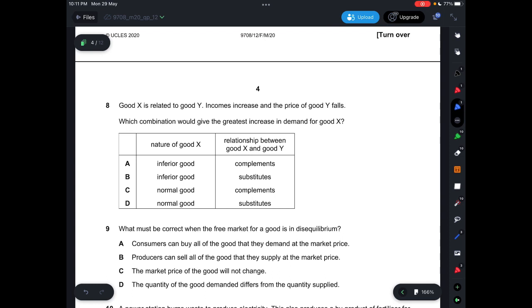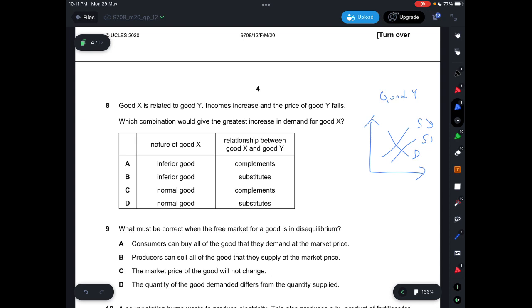Okay, so for question 8, good X is related to good Y. Incomes increase and the price of good Y falls, and which combination would give the greatest increase in demand for good X? So assuming this is your supply and demand curve, and then this is good Y. If the price of good Y falls, this could be when the supply curve shifts to the right, and your incomes increase.